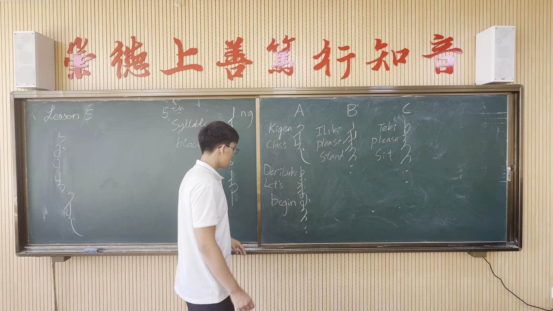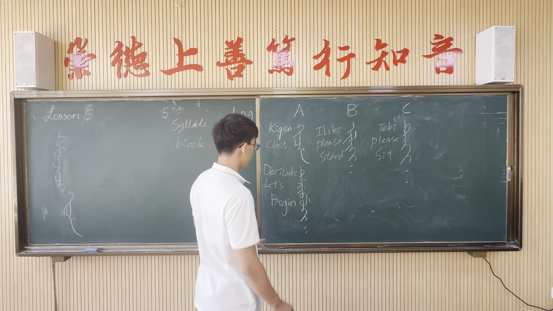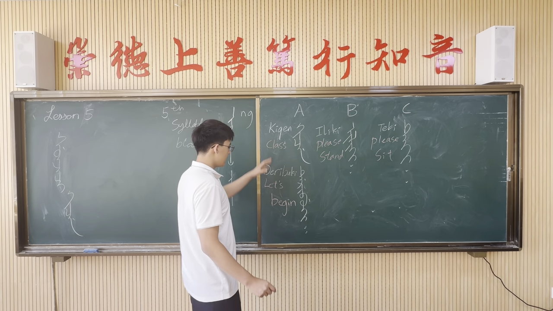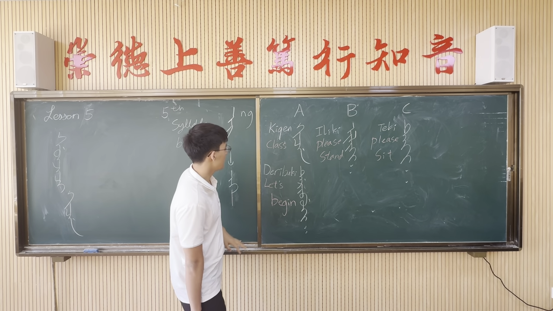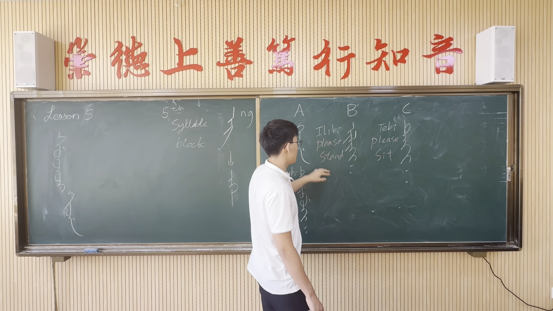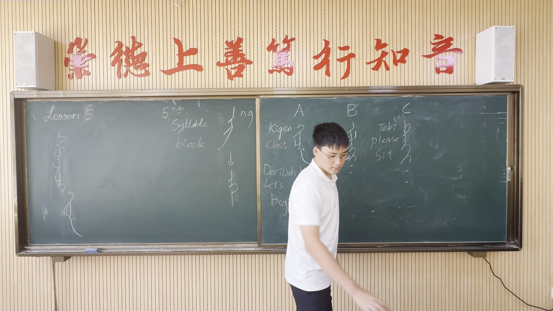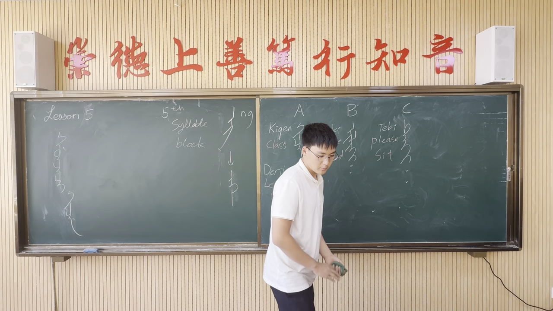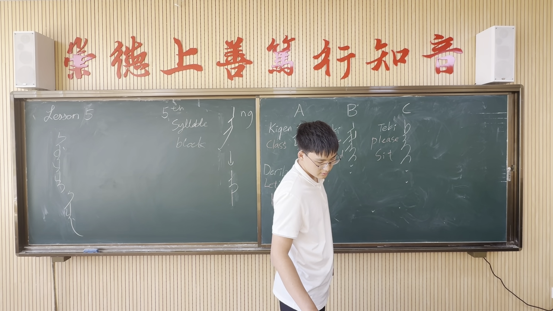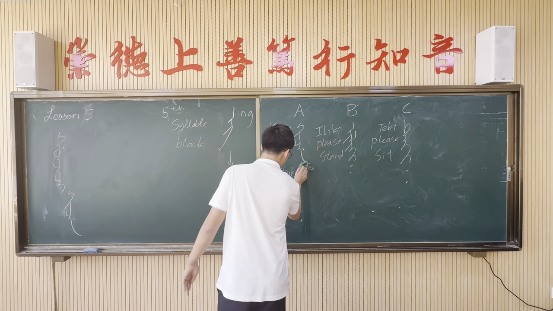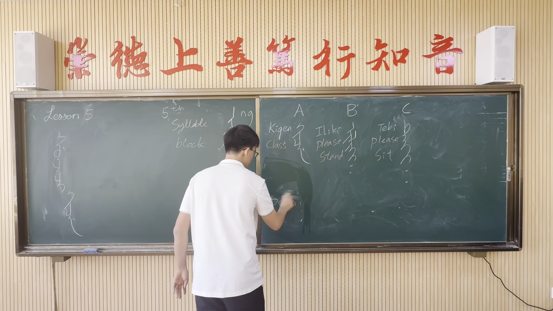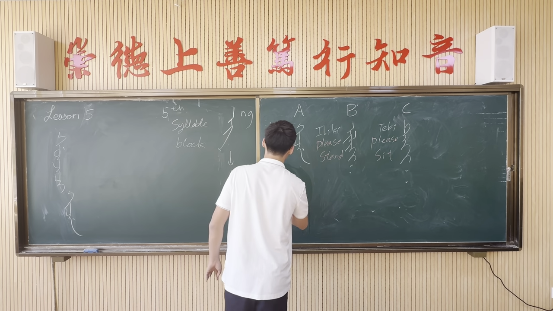But if we switch the orders into English, then this becomes let's begin class, or class, let's begin. Iliki, please stand. Teki, please sit. Okay, I'm going to erase this now. I'm going to move on to the next part of this lesson, which is connecting some more words and further refining our skills of the fifth syllable.